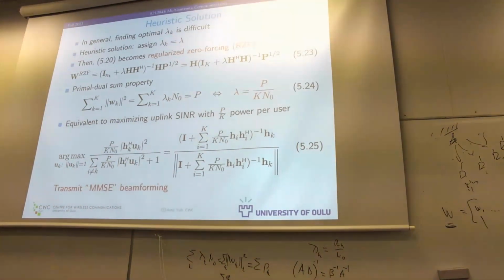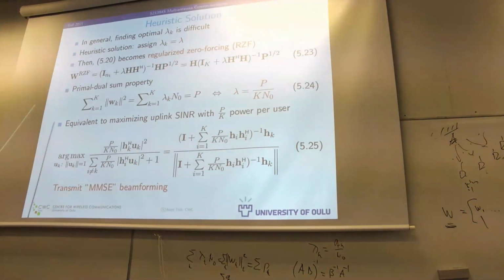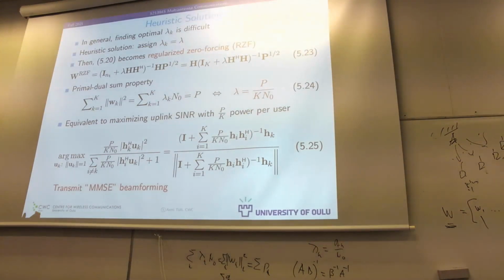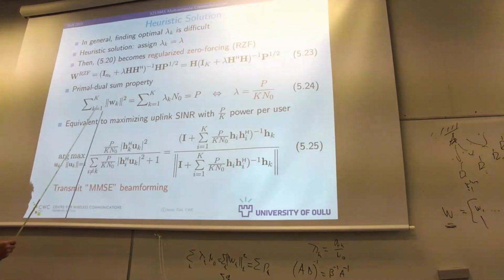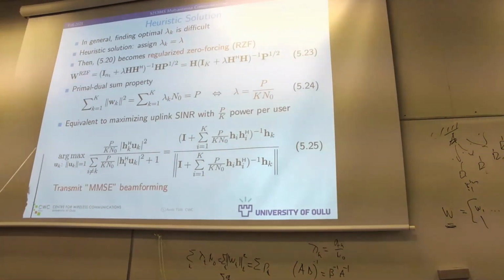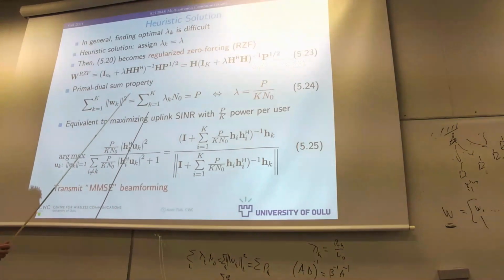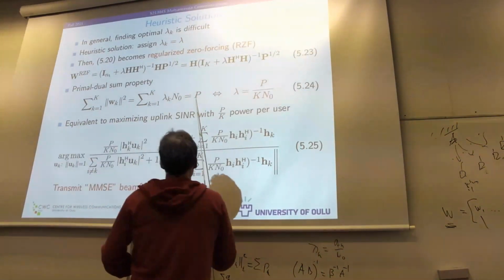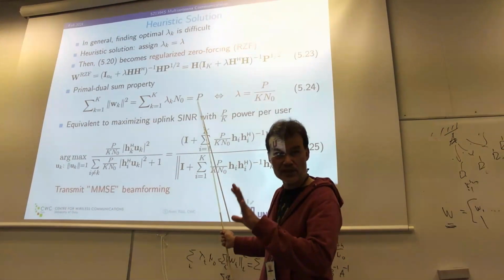And you can write it in both ways using this: (I plus AB) inverse times A equals A times (I plus BA) inverse. Right here. And now, again, applying the primal-dual sum property. So primal and dual should be the same. Okay, this is the general expression, which should be equivalent to P, the transmit power.